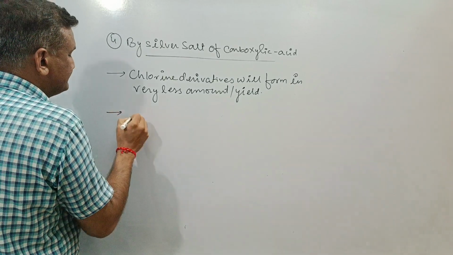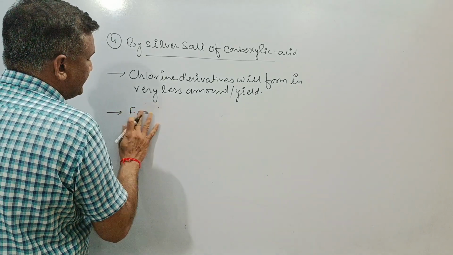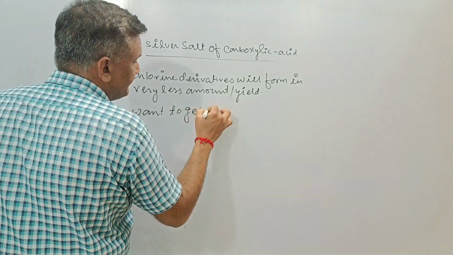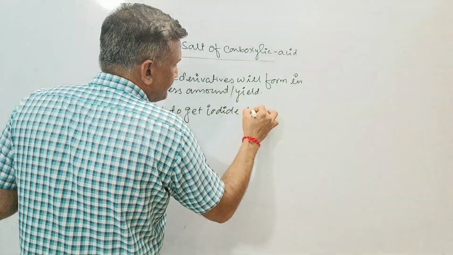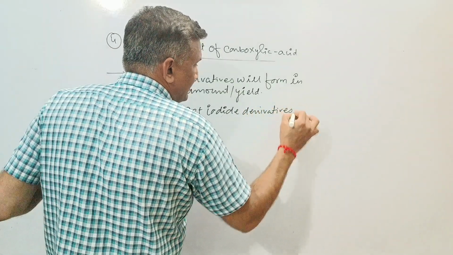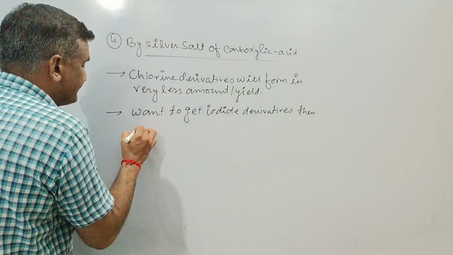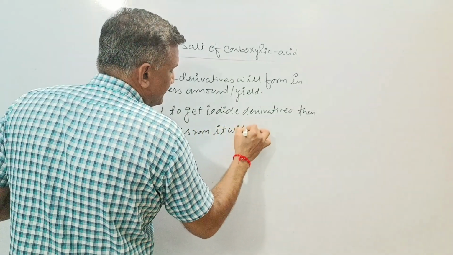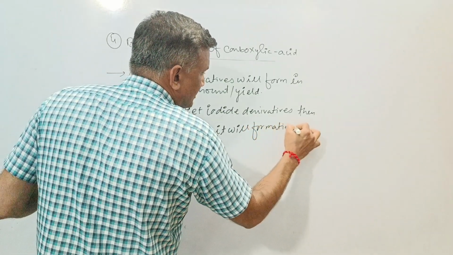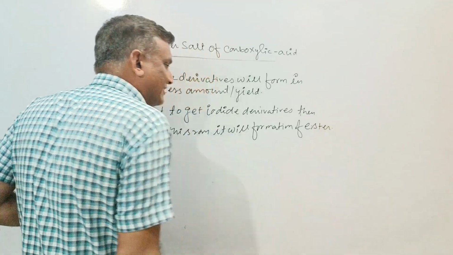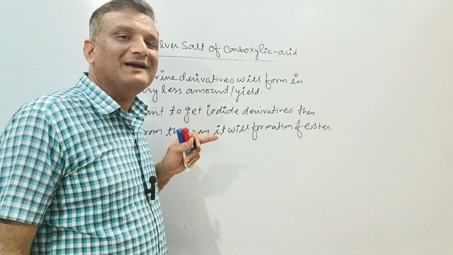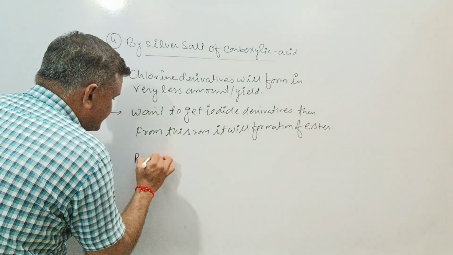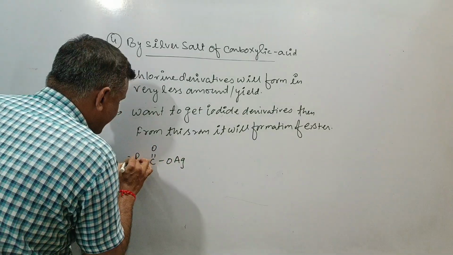If we want to get iodide derivatives from this reaction, then instead of the iodide derivative, particularly an ester will be formed in that situation. This is the RCOOAg. Here we take 2 molecules.